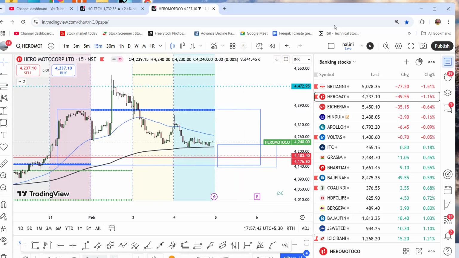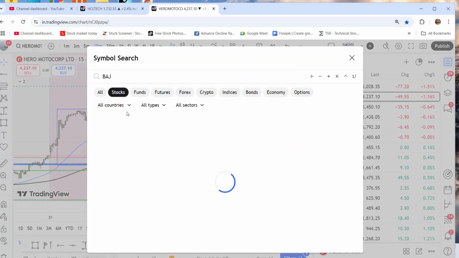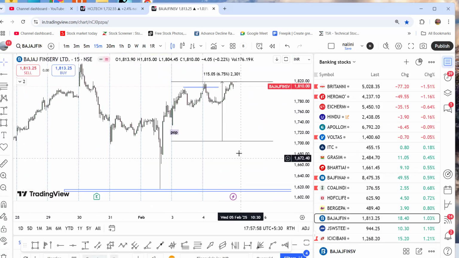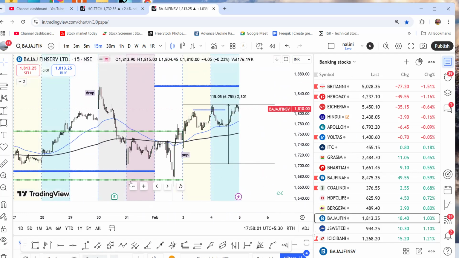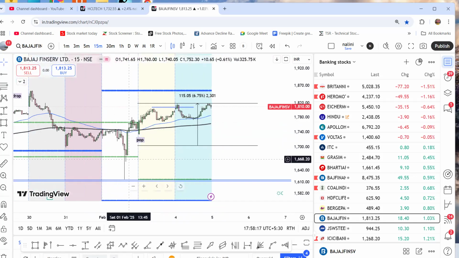For example, the two stocks which I had selected, Bajaj Finserv, you can see for yourself. See the setup? See how it has set up? It was a dip because on the budget day it moved down, and this was a sweep, and once it started moving above, it is a V-shaped recovery.